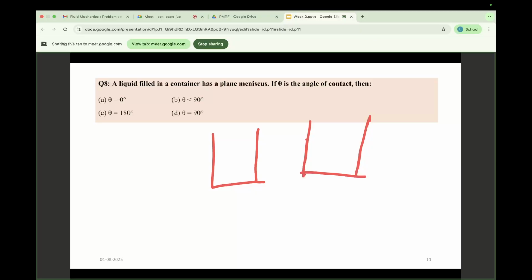In your household, I'm drawing two things. So this is water in a glass. If you put water, you will see this type.